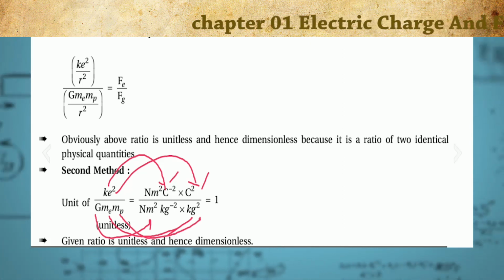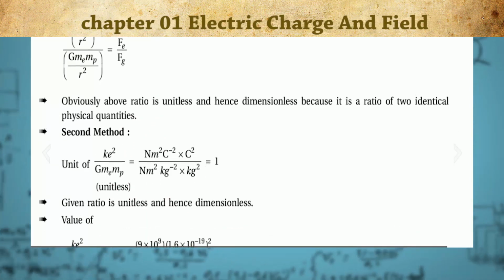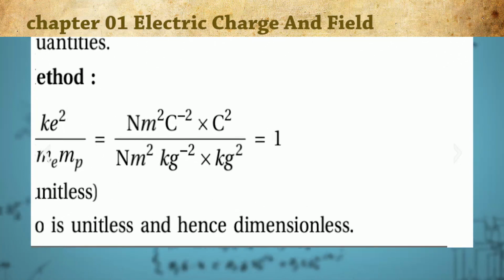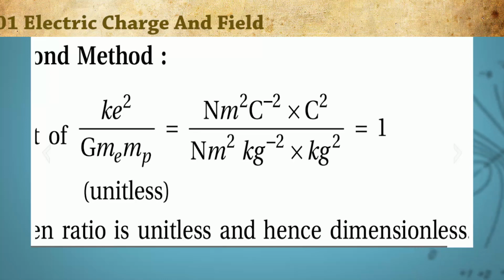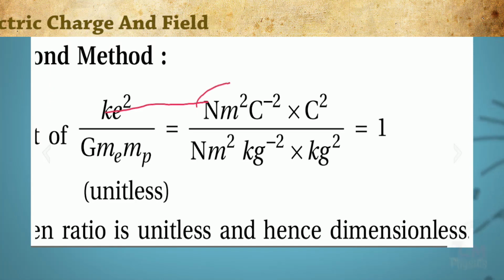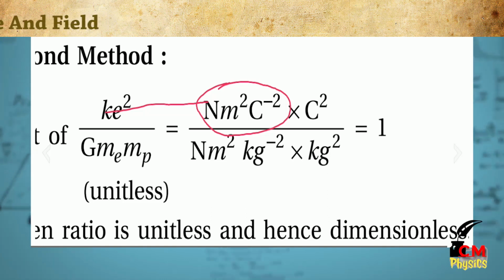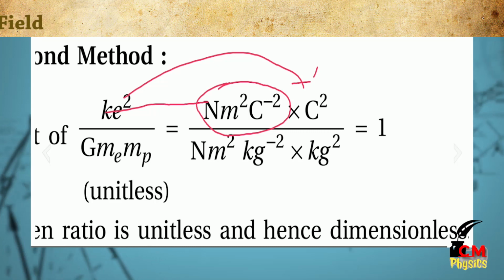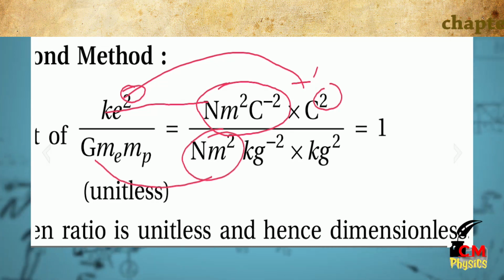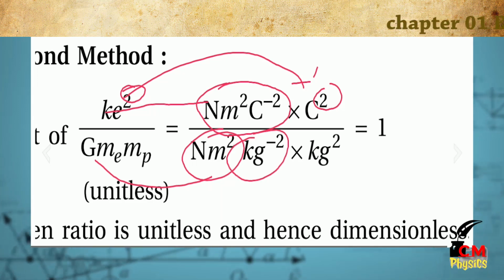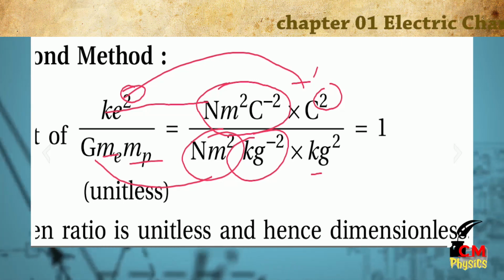The unit of K is Newton meter square upon Coulomb square. Charge has a unit Coulomb, so Coulomb square. The value of G is Newton meter square into kg inverse square, and the mass of electron and proton gives kg square.